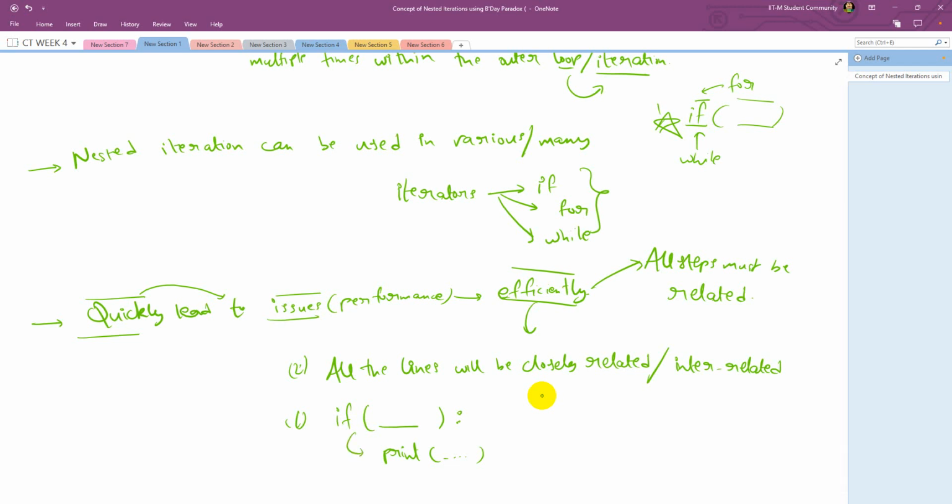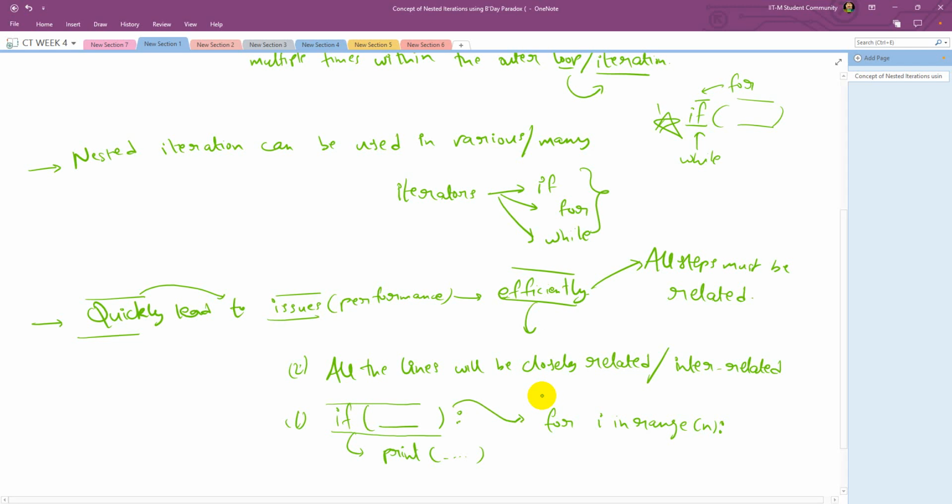Sometimes we can get this to be inefficient because this will be only one line after the if operator, but even this is also a nested iterator. That means just above this if operator we might have some for. Let us think that there is some for i in range n, the line which is above the if operator.